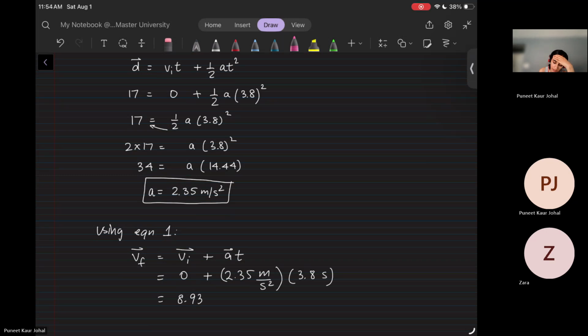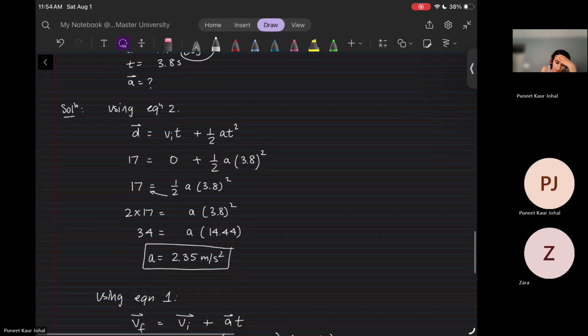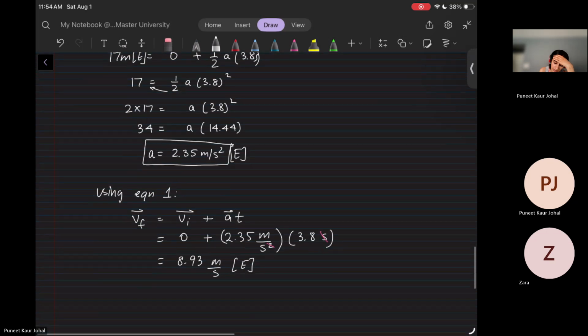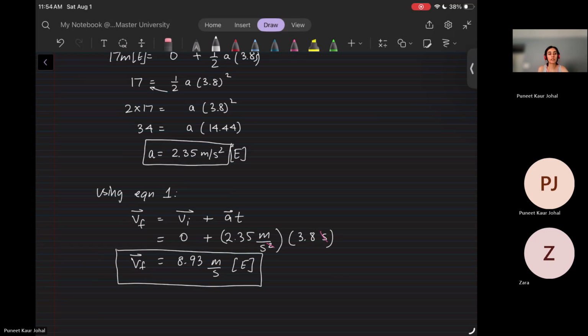Because then you can see one of the seconds in the second squared cancels, so you get meters per second, which is the unit of velocity. And I should have done that everywhere here as well, like east. And so this would be considered the final correct answer, 8.93.